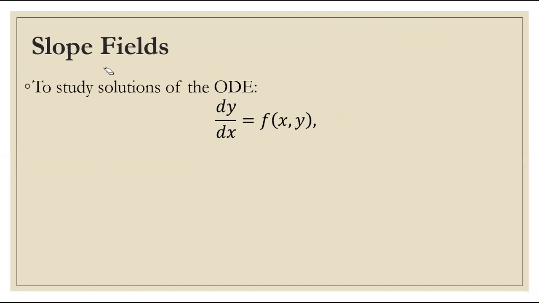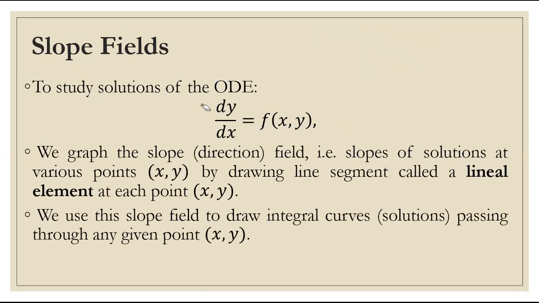Now, what I want to say also is how to draw the slope fields. Let me go back here. I have here the y-axis and the x-axis, and I'm going to explain what I mean by slope fields.